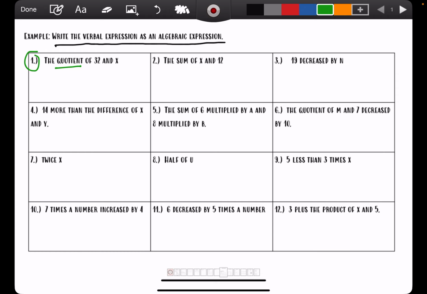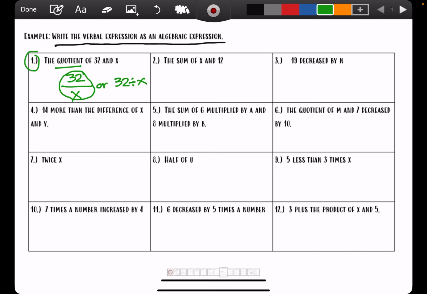So if we're looking for the quotient of 32 and x, we're looking for 32 divided by x. However you want to write it, it's 32 divided by x.